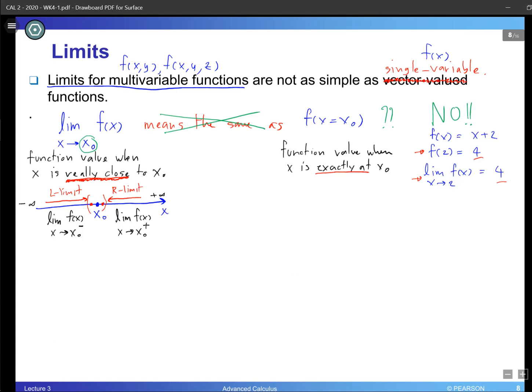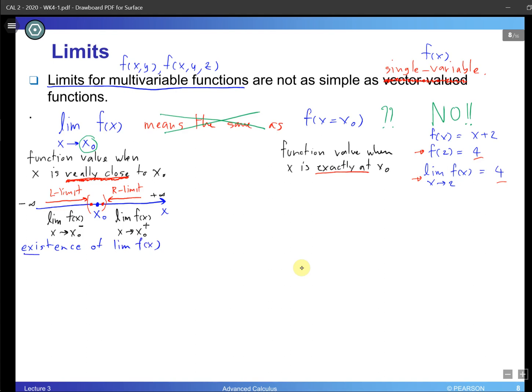Now that you see what's going on in the space here, let's talk about the definition of the existence of a limit. So here is the definition of the existence of limits. Limit of f(x).